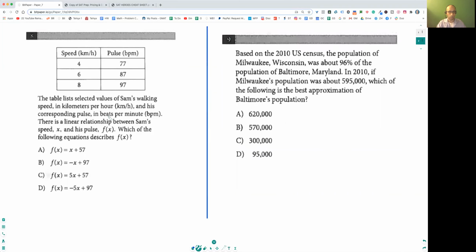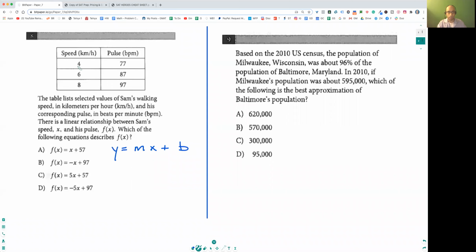Try this problem here. Remember, this equation is just the same linear equation that we've done before. This f is just a fancy name. This is just y is equal to mx plus b, and all you've got to find, guys, is what is the m.